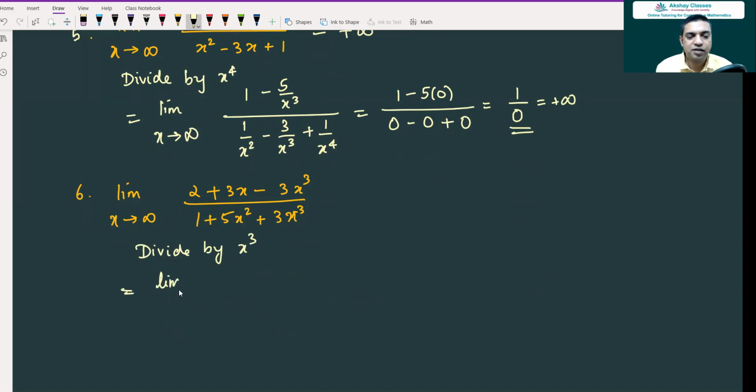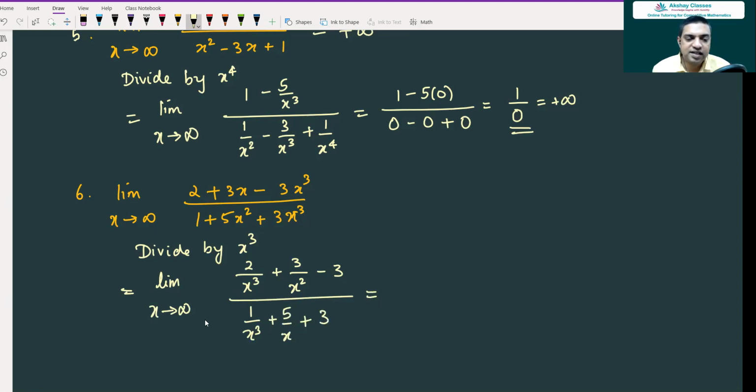We get limit x tends to infinity 2 upon x cube plus 3 upon x square minus 3 upon 1 upon x cube plus 5 upon x plus 3. And as x tends to infinity, reciprocals of x will tend to 0.